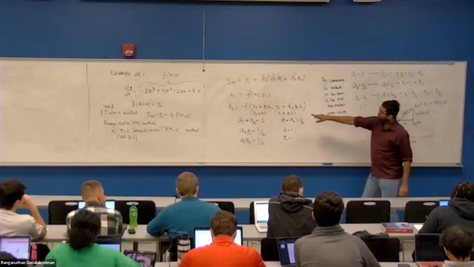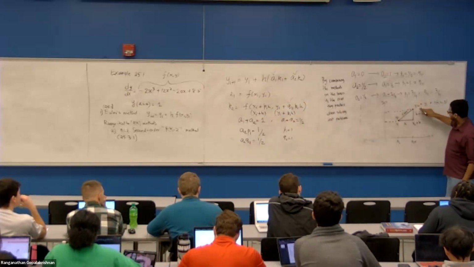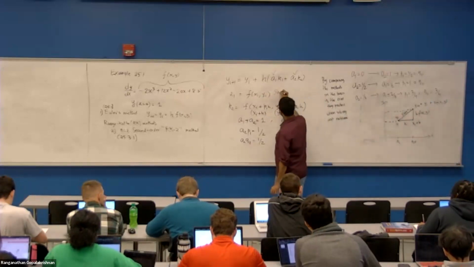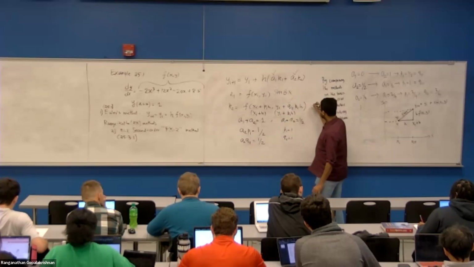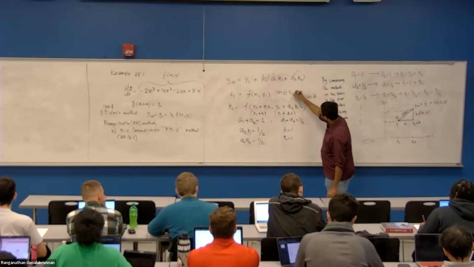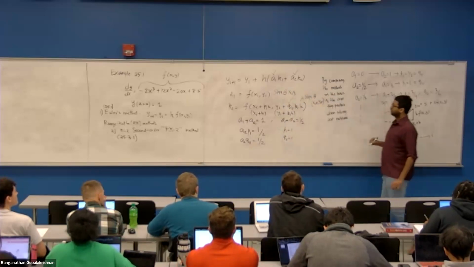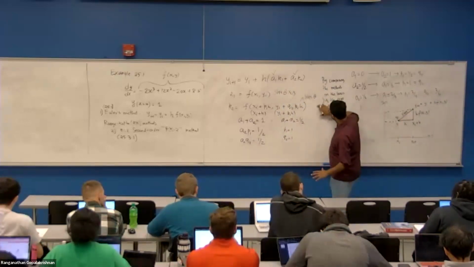And then the slope evaluated at point I plus 1. That is here. So this is slope at Xi, and this is slope at, let's say, Xi plus 1, Yi plus 1. Okay, I shouldn't say Xi plus 1, Yi plus 1.